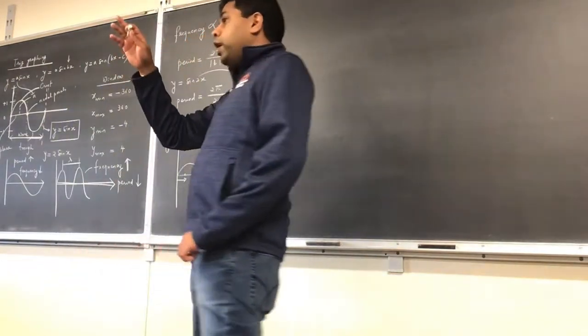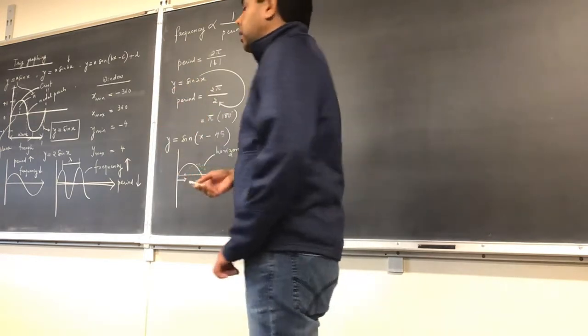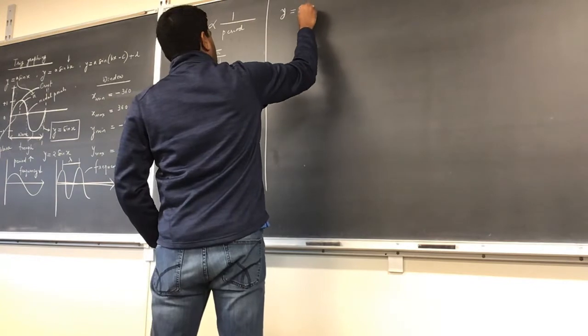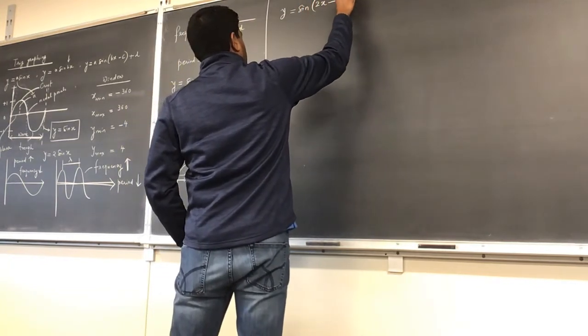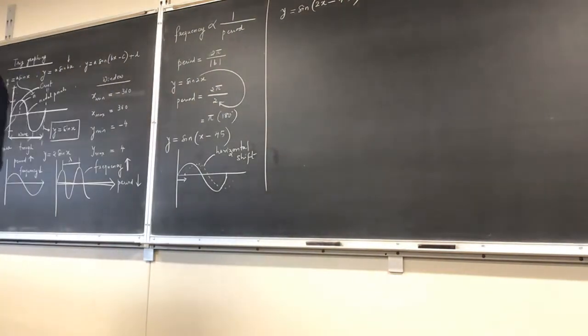Now, you have y is equal to sin x, y2 is sin x minus 45. Do this for me, please. y3 is equal to sin 2x minus 45.